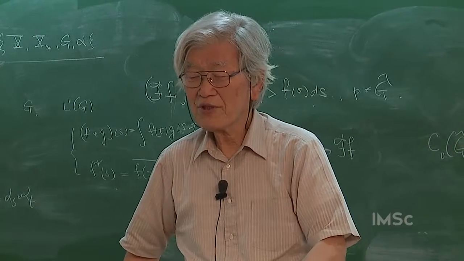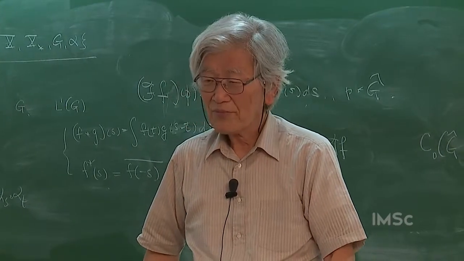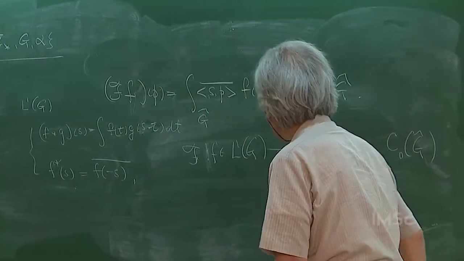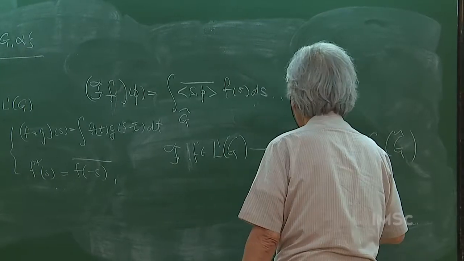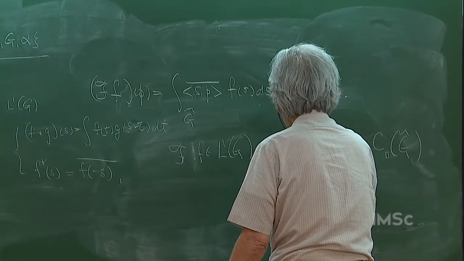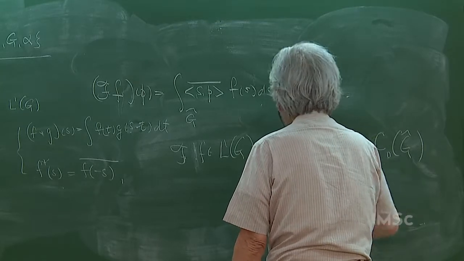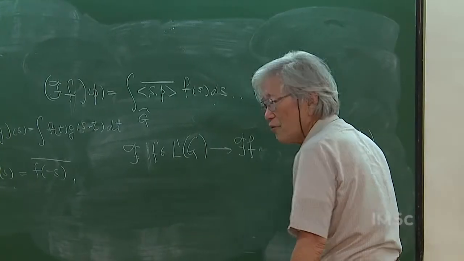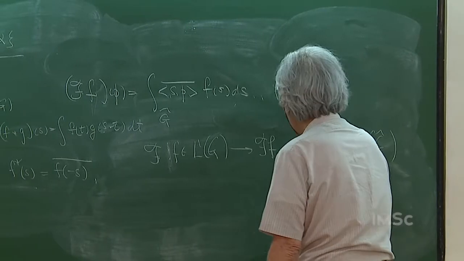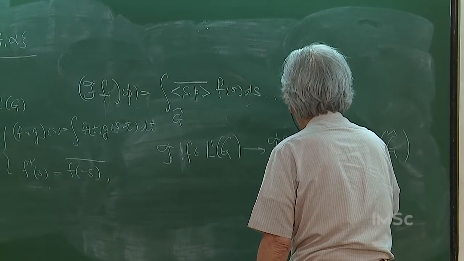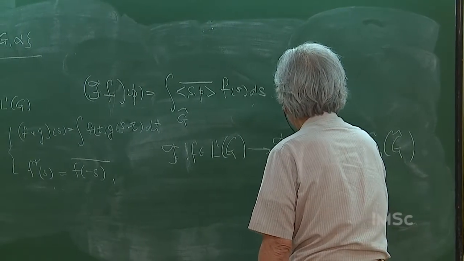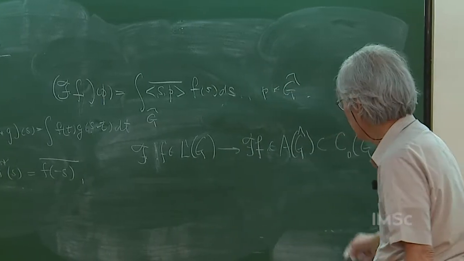That's the Riemann-Lebesgue theorem. So this is continuous. However, unfortunately, it's not all of them. It's A of G hat, called the Fourier algebra.